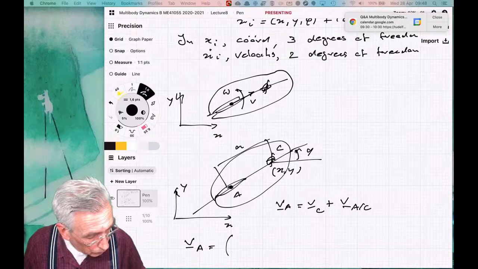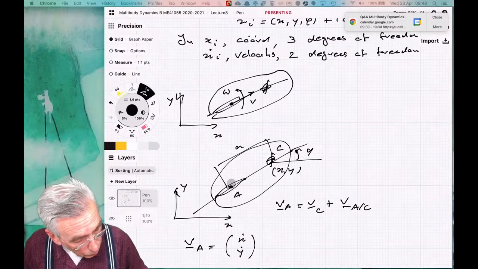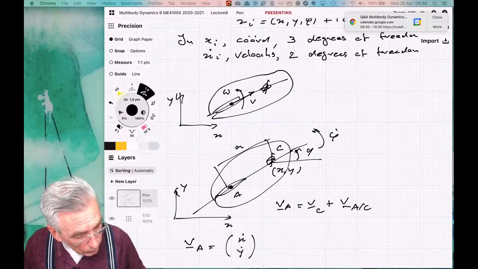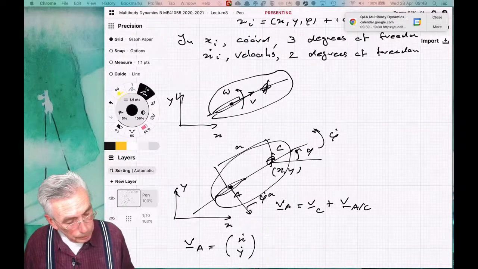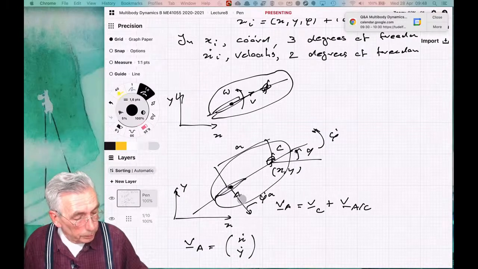VC is just x dot, y dot, right? Then the relative velocity of this point with respect to that: if there's an angular velocity like this, phi dot, then here we have a component, which is phi dot times this distance a. And then this is in the local coordinate system.